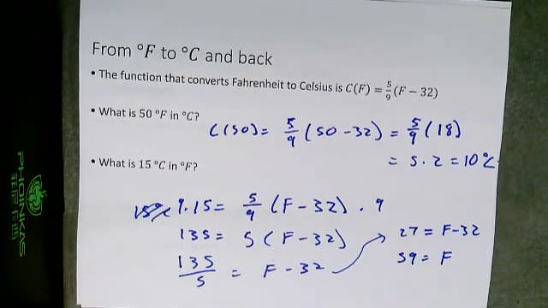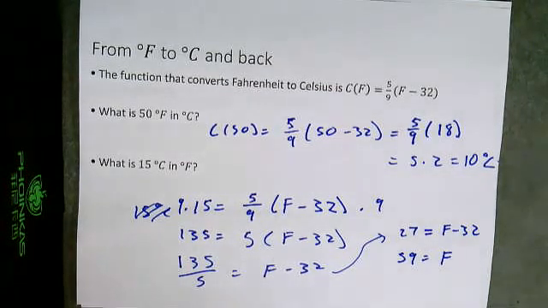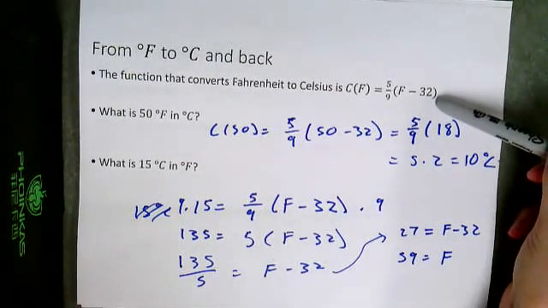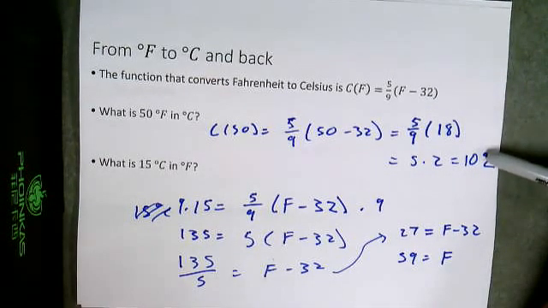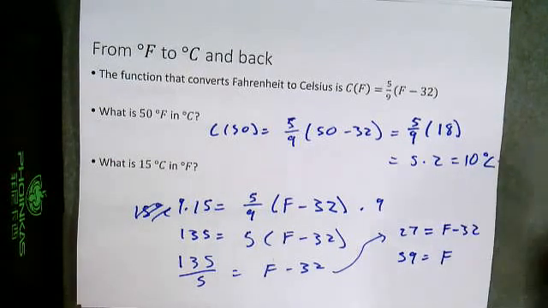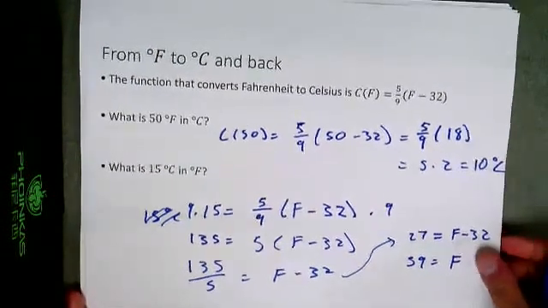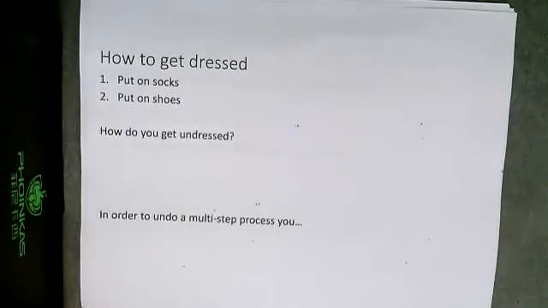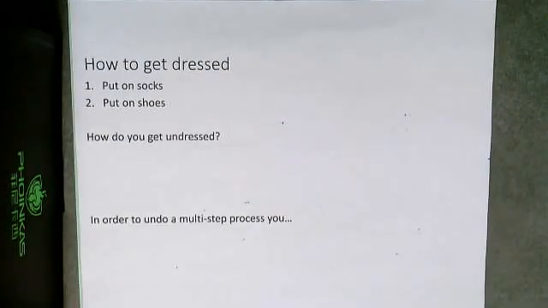So this formula gives Celsius in terms of Fahrenheit. That was easy when we plugged in Fahrenheit, but not so nice when we plugged in for C. Inverse functions let us make that easier. An inverse function basically undoes what the function does.